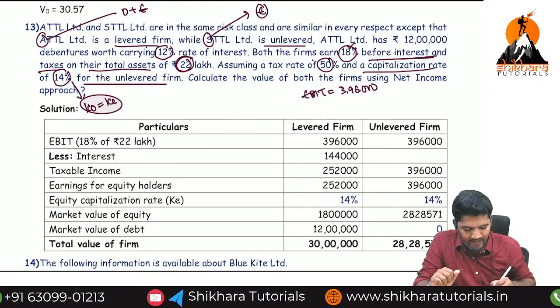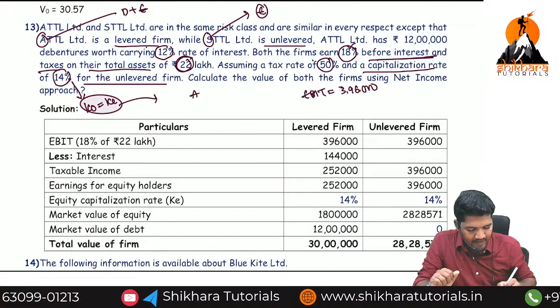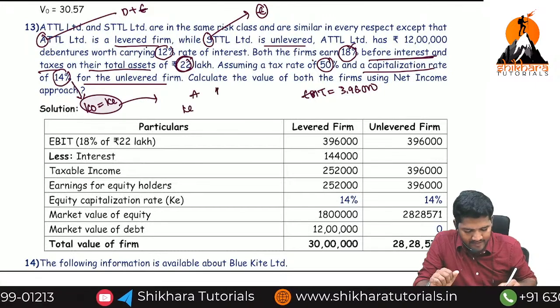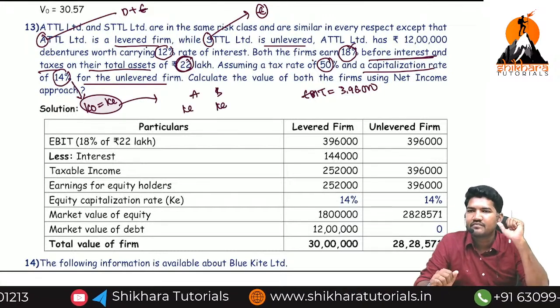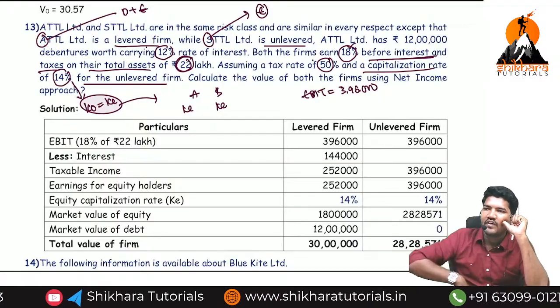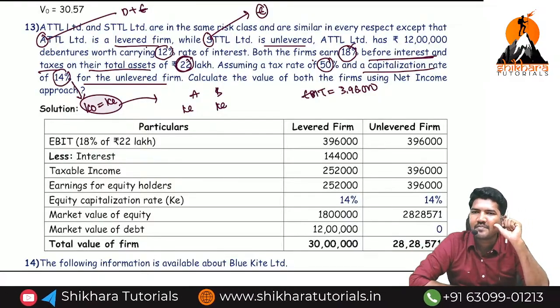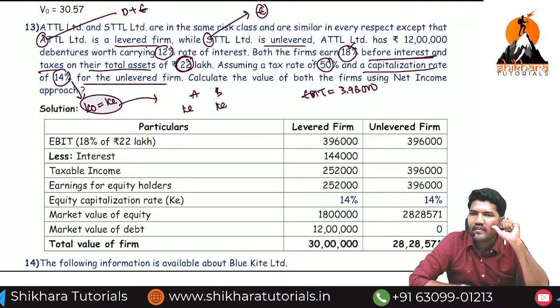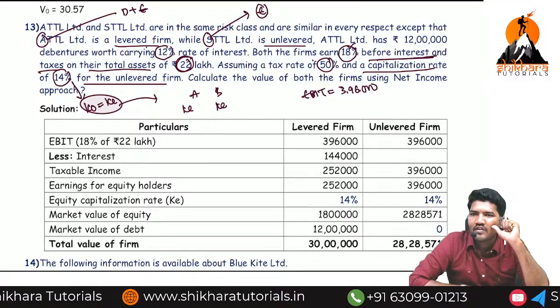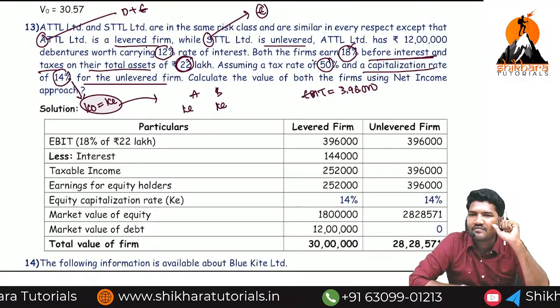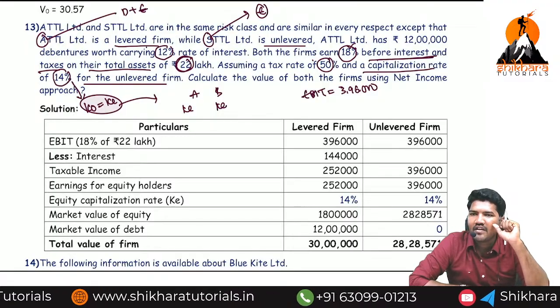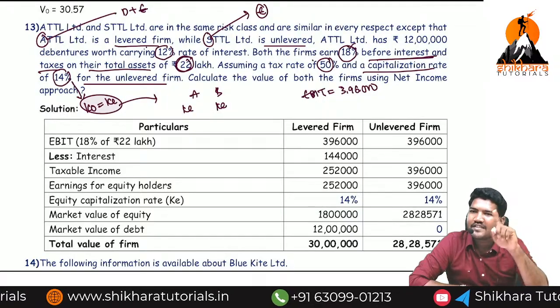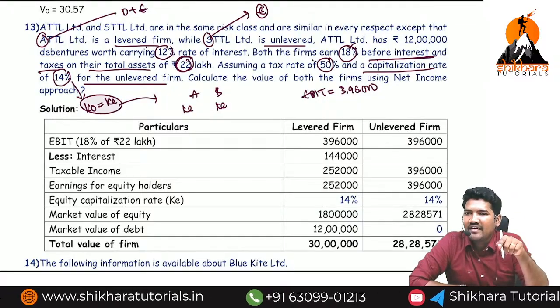Now, can I take KE for A limited and KE for S limited as both the same? Yes, because they are similar in all aspects. KO is not the same, but KE is the same.